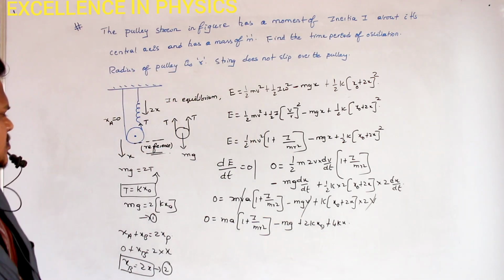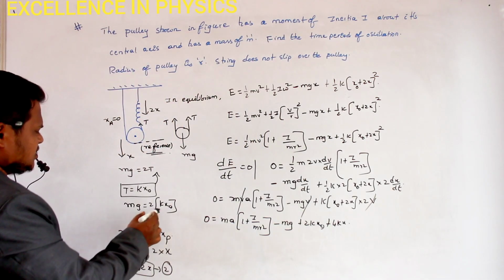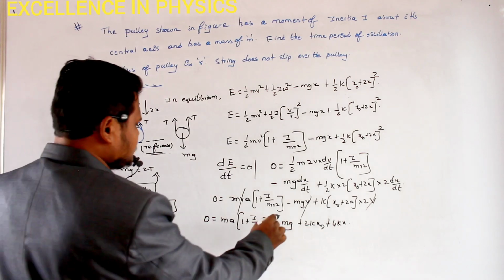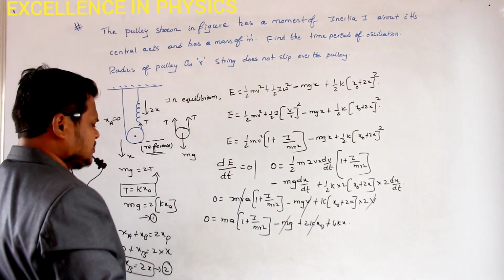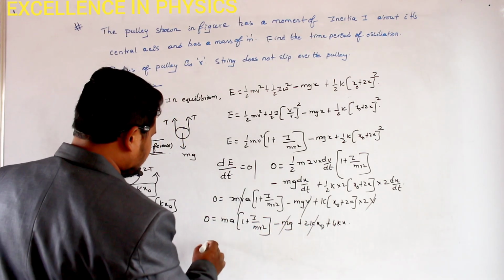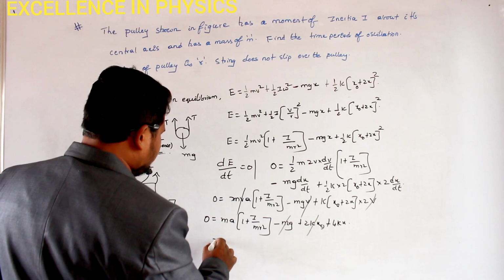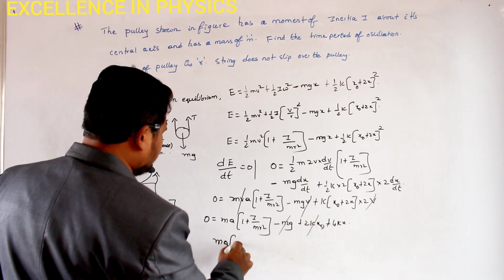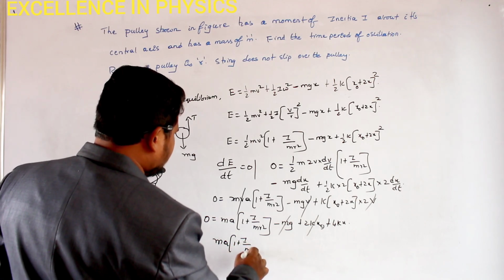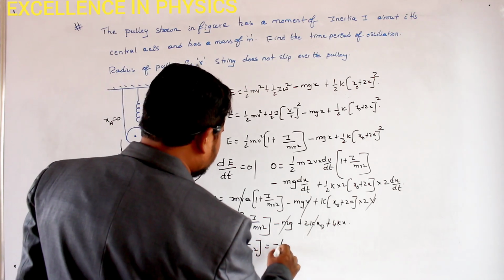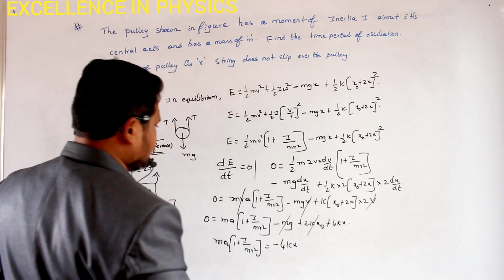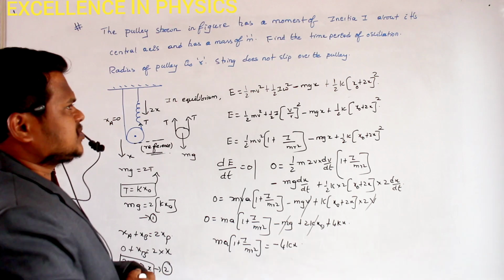Clear? So previously we have already written that mg is equal to 2k x naught. So these two terms get cancelled. So therefore what is the relation I have? I have m into a into (1 plus I by mr square) is equal to minus 4k into x. Clear? So I got the relation up to here.